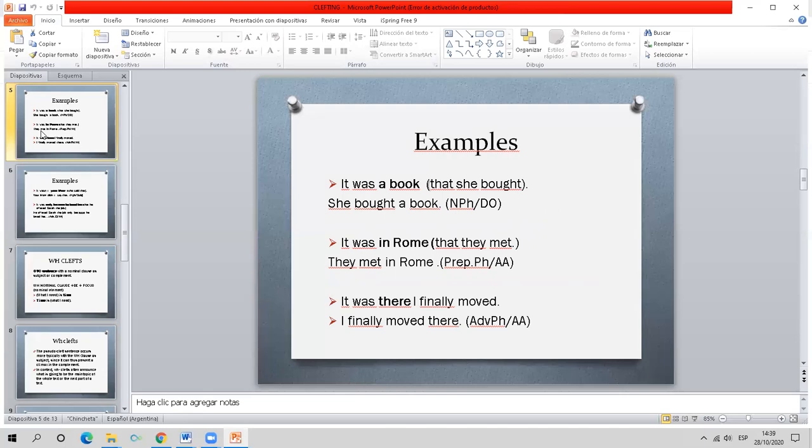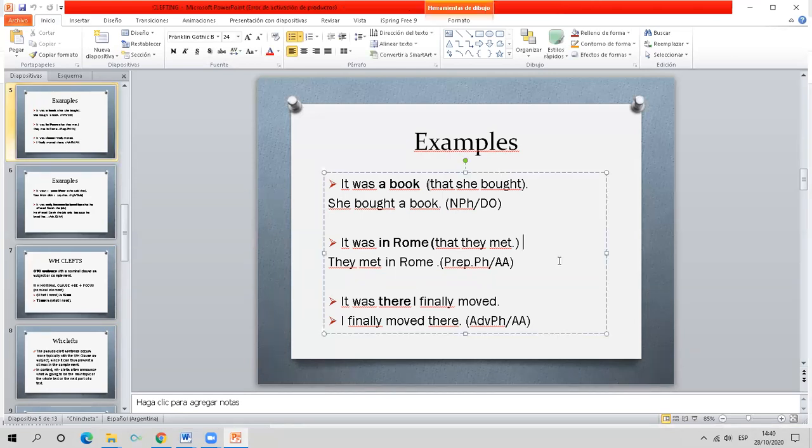But for contrastive purposes, okay, I could go for, it was a book that she bought, which really means probably it was a book, not a magazine, that she bought. Sometimes you will find an explicit contrast, a book, not a magazine, but sometimes it is implicit. I wrote here noun phrase direct object, meaning that the focus of this it cleft in the unmarked version is a noun phrase direct object, okay?